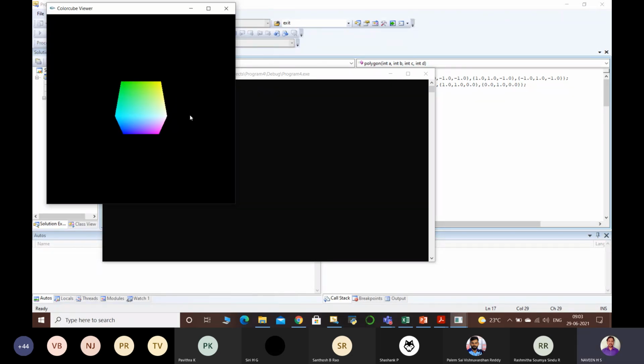Are you able to observe the spinning of the cube? I am pressing the mouse left button. Now I will press the right button. It changed the direction now, right?